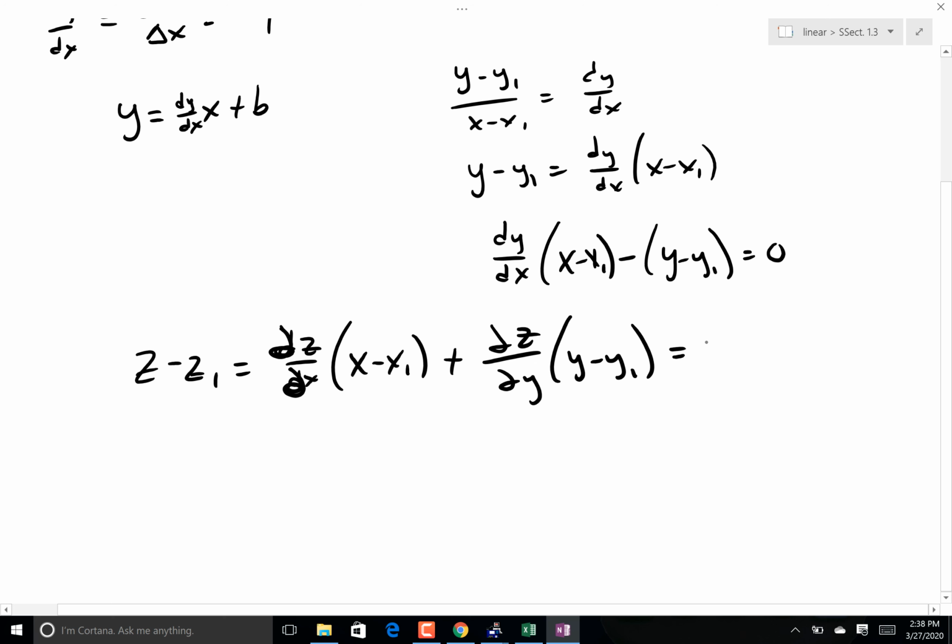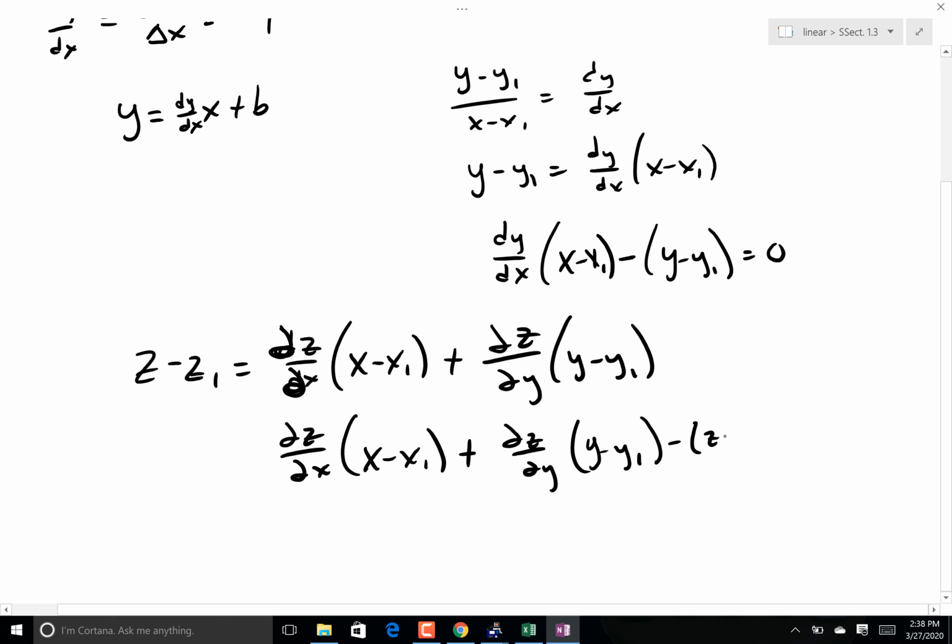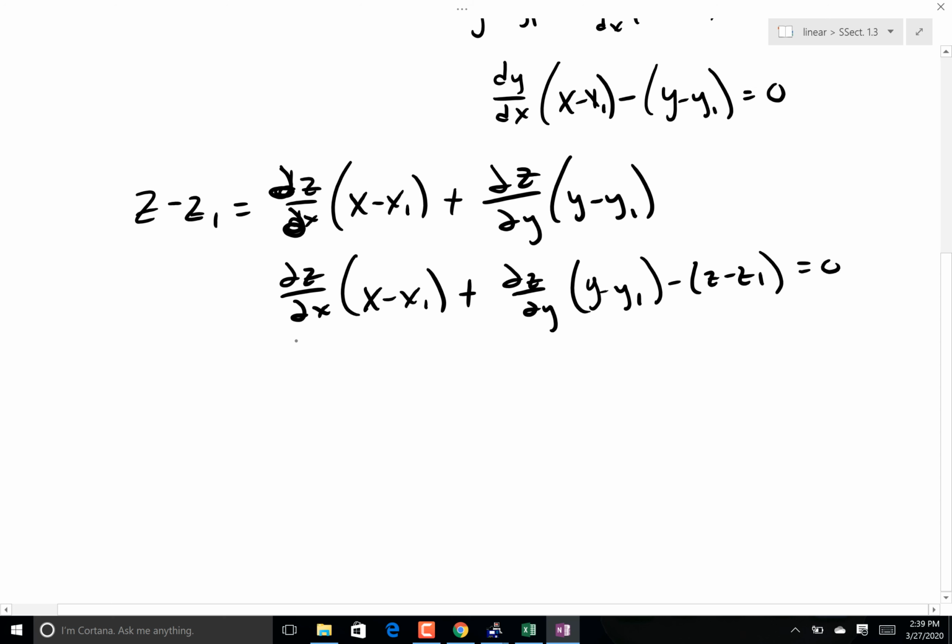Nice. Equals, already equaled. And then you could subtract, and you get the exact same picture as before, equals 0. That is a very nice and very easy way to write it. Very straightforward. Now, this is a plane.